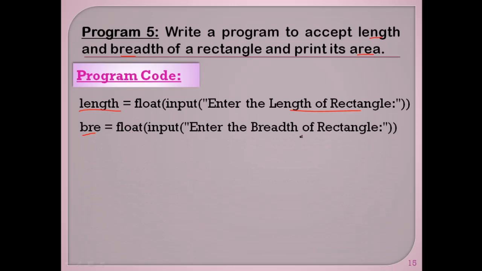Float input, enter the breadth of the rectangle, and we are printing the area. The formula to calculate the area of a rectangle is length into breadth. The variable for breadth is bre, and we are using those variable names, length into breadth, and the area will be printed.